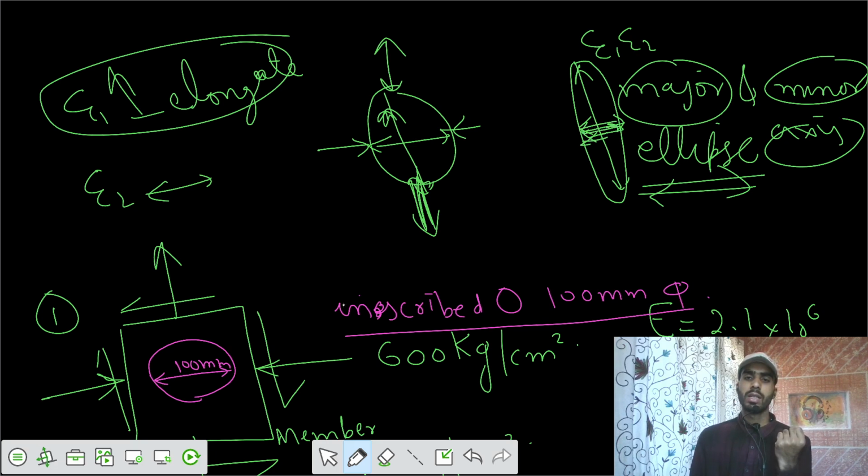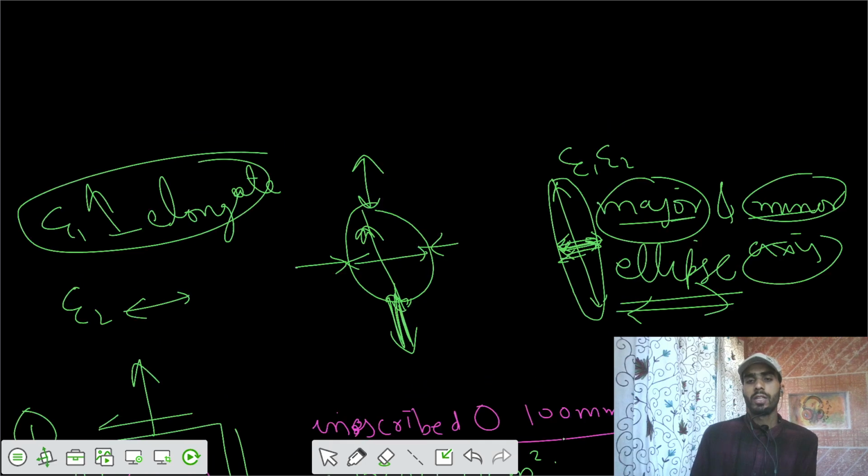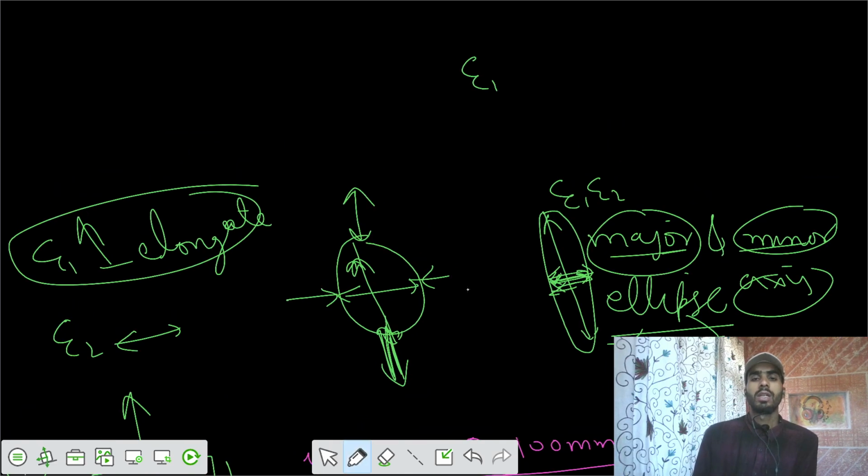Then finally we can get the value of the major and minor axes of the ellipse. So you need to get the strain in 1 and strain in 2. For that you need to get the location of E1 and E2.